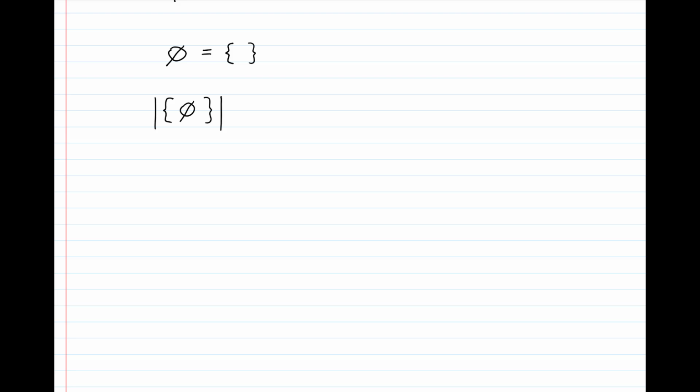And one of them's right and the other one's wrong. Here's the correct answer. The cardinality of the empty set is 0. The cardinality of this set is 1, because there's something in there. You know what's in that set? The empty set is in that set.